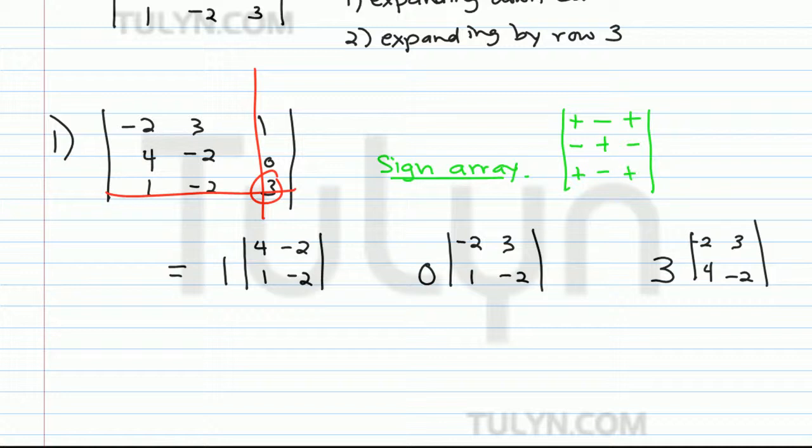That's the sign array, and it corresponds to the columns and rows of the determinant that you're trying to find. Since we're looking at column 3, our signs are plus, minus, plus. This is how we're going to tie these together.